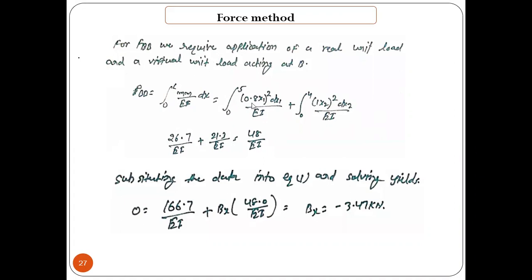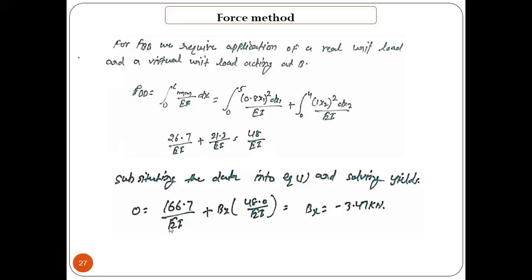So 0 to 5, 0.8 x1 squared dx1 by EI, plus the limit 0 to 4 for the column segment, 1 x2 square dx2 by EI. After solving, you will get 48 by EI, and put into the equation of superposition that we have already done.